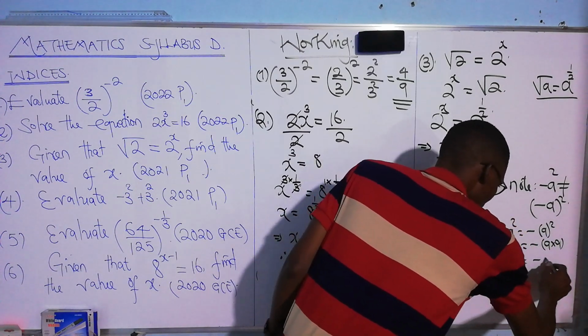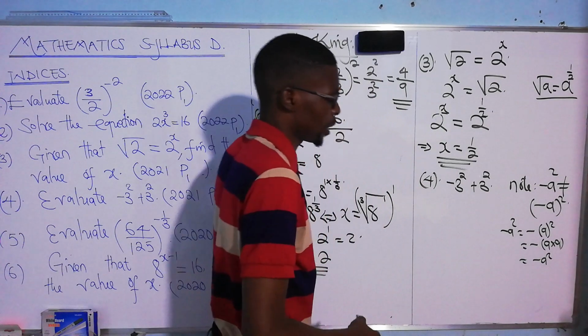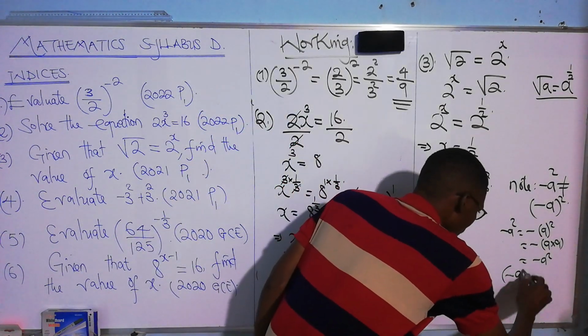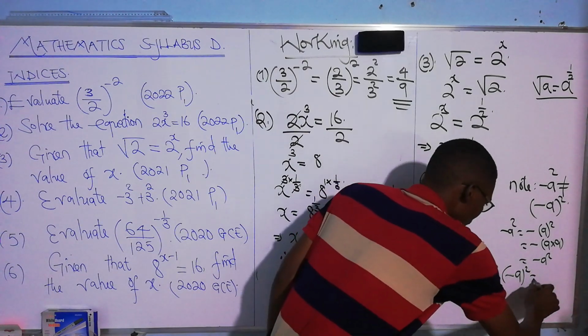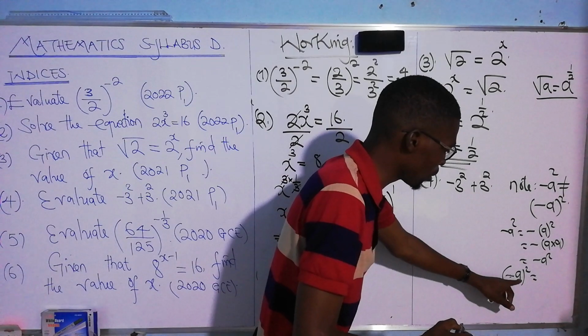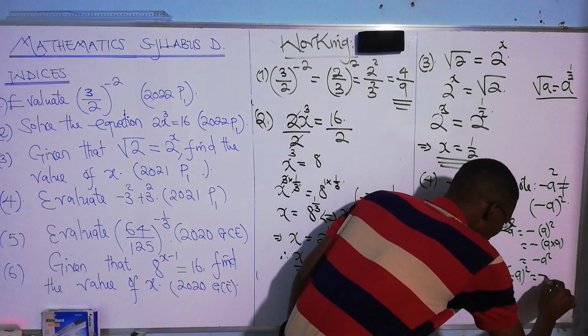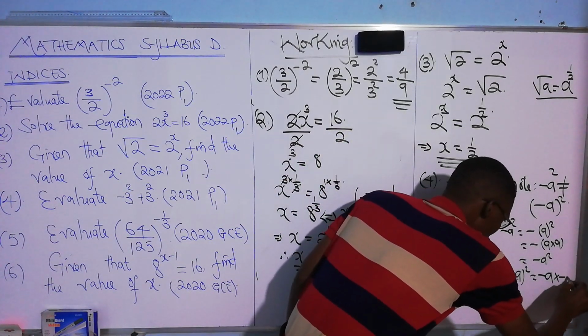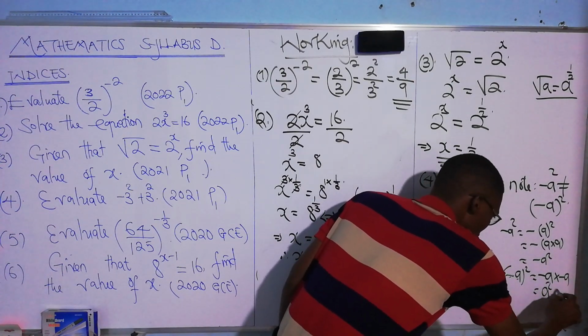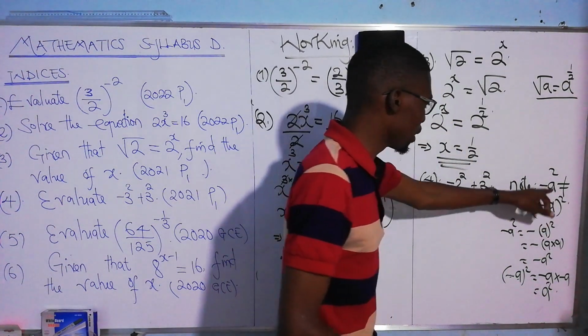This is going to give you negative a squared. But negative a in brackets squared means you are squaring both this negative and the base there, which is a. So that means negative a times negative a, and negative times negative will give you positive a squared. So the meaning is different.